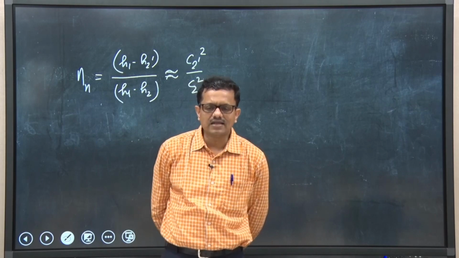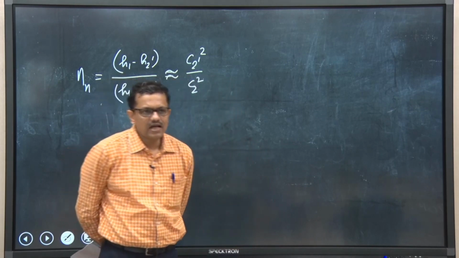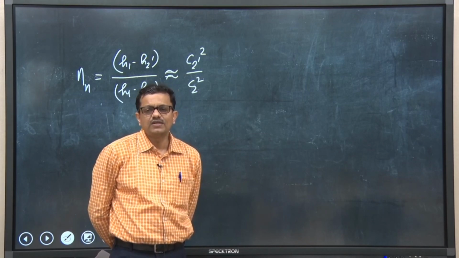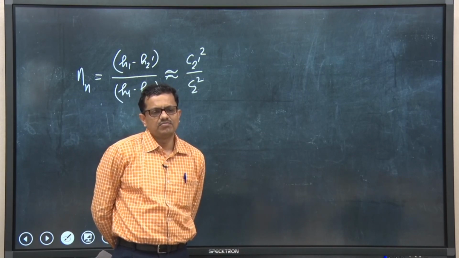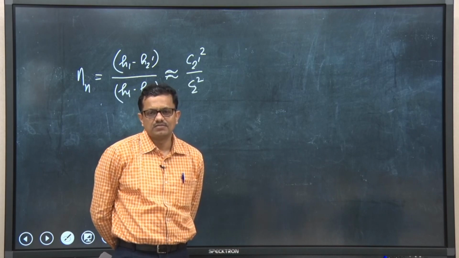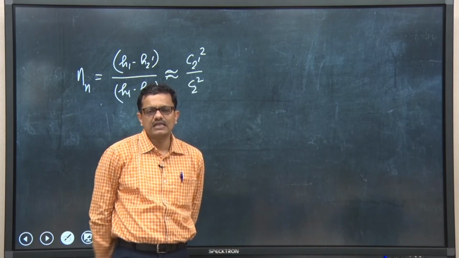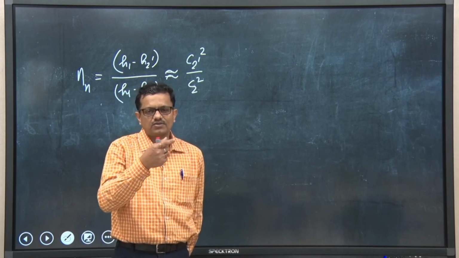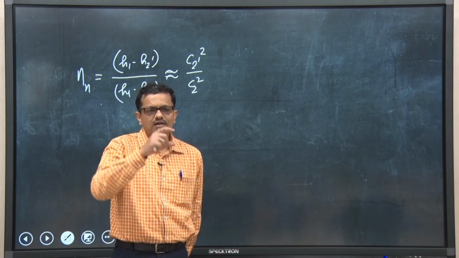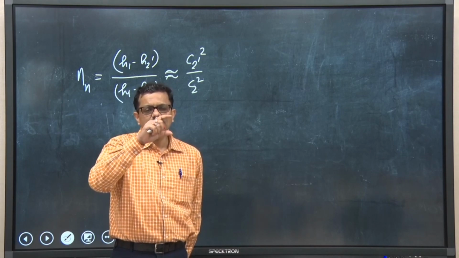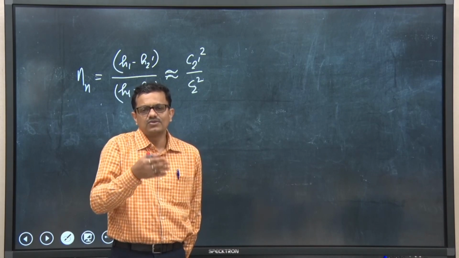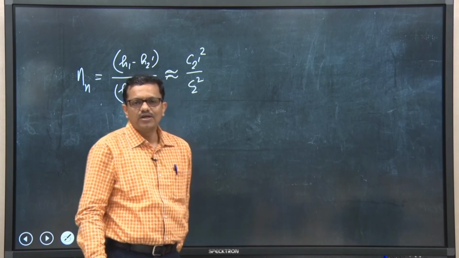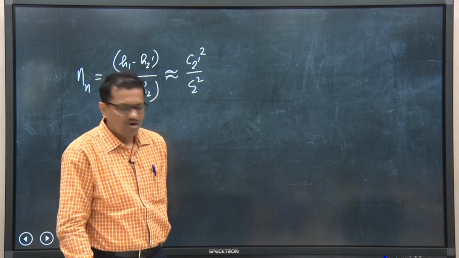So, it depends on the fluid viscosity, and it also depends on the surface roughness, the properties of the bounding surface. When there is a flow through a confinement, that confinement is bounded by several surfaces, so the properties of those surfaces also play an important role in dictating the frictional loss.